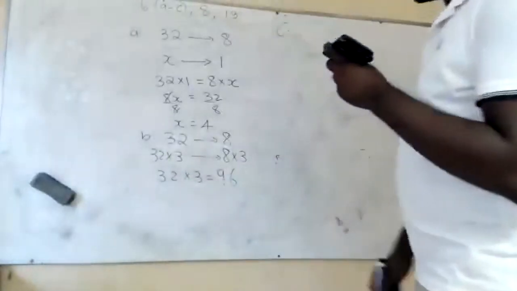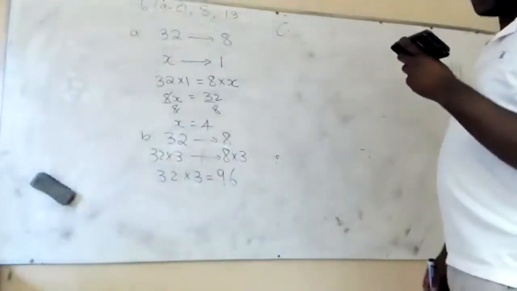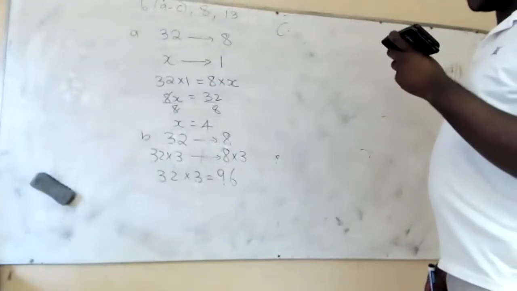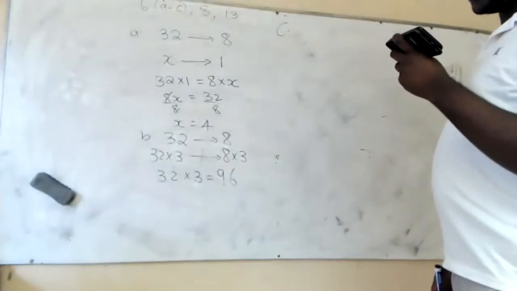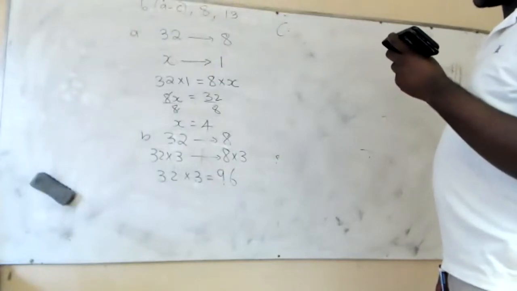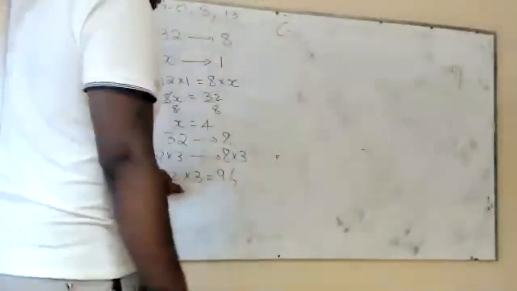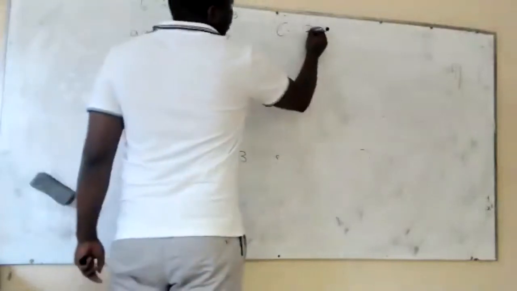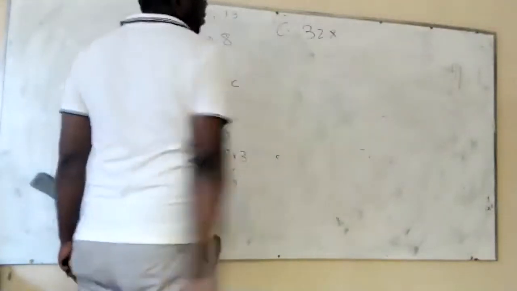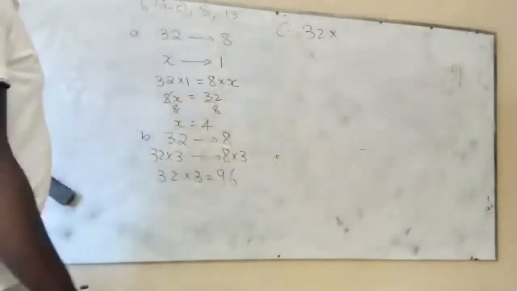Let's get to question number C, which is about calculating the number of tablets produced in a 5-day week. Again, this is simple to attend to. We do it the same way. So it's going to be 32 multiplied by what?